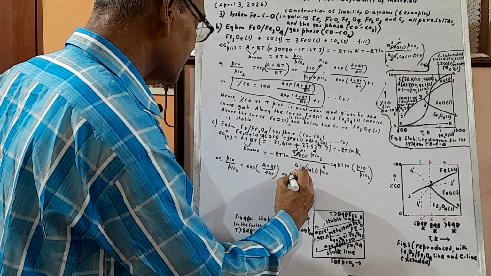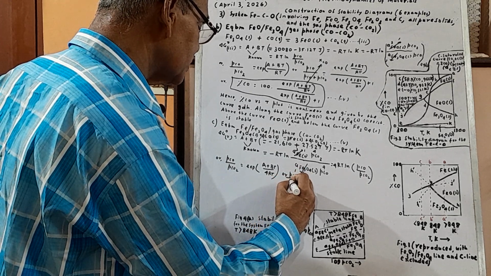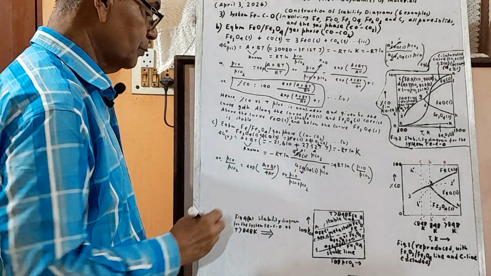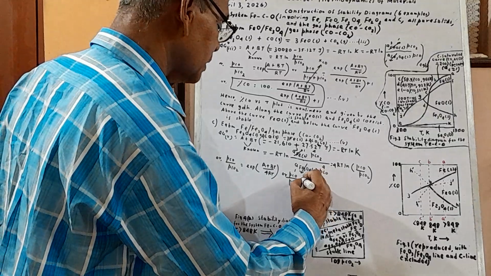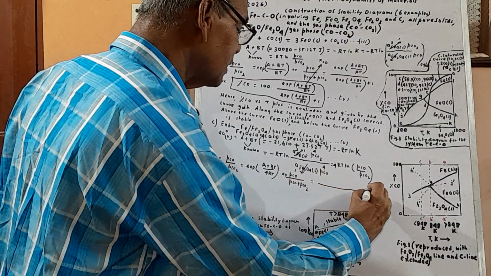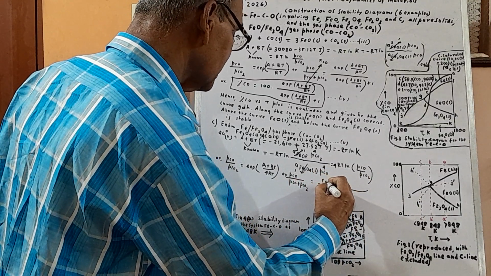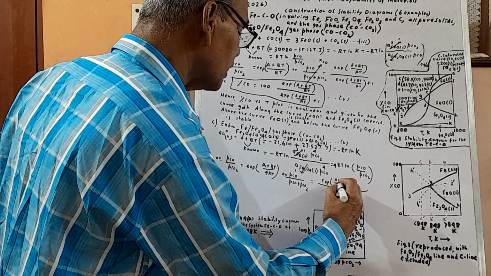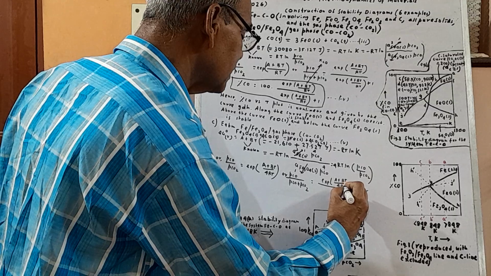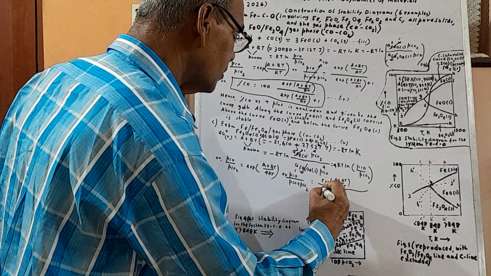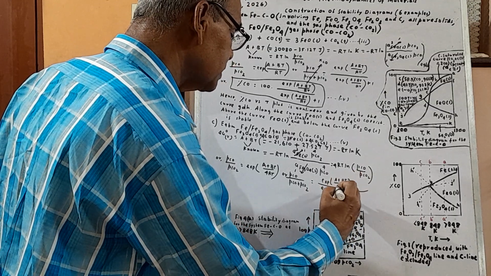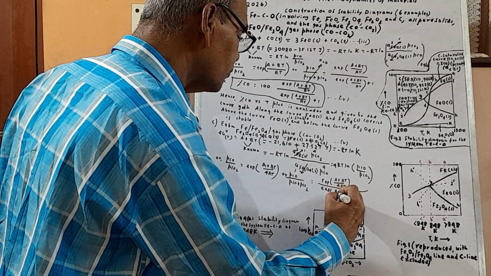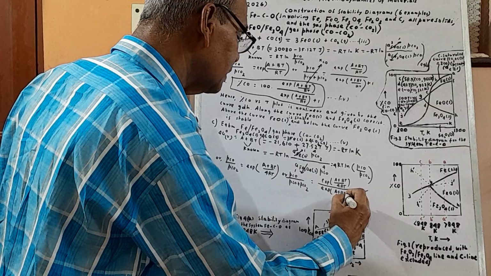Alright, let us keep on writing. PCO by PCO plus PCO2. Similarly, exponential A plus BT over 4RT, over exponential A plus BT over 4RT plus 1.